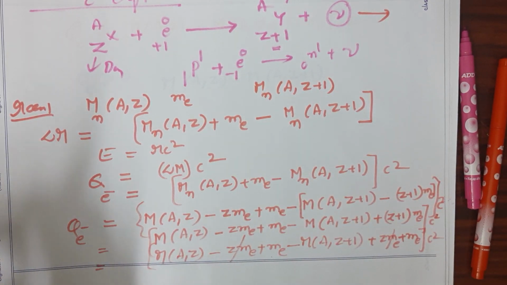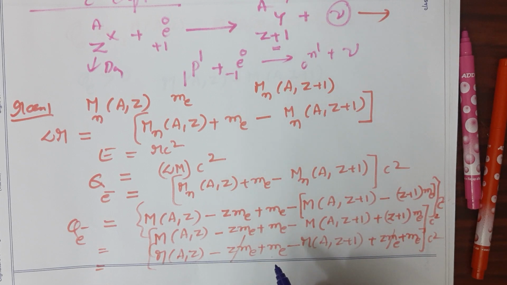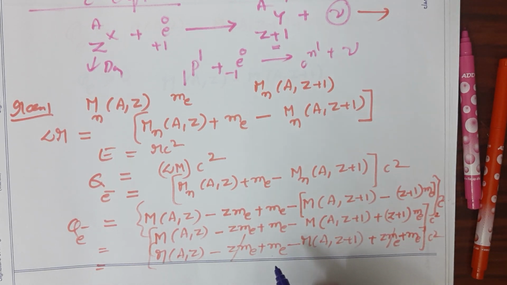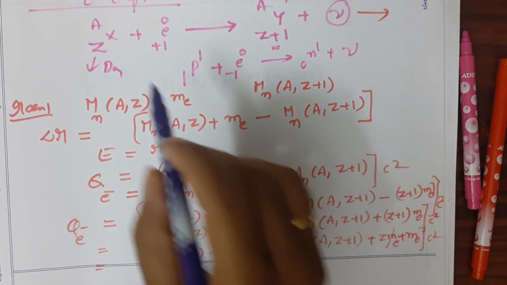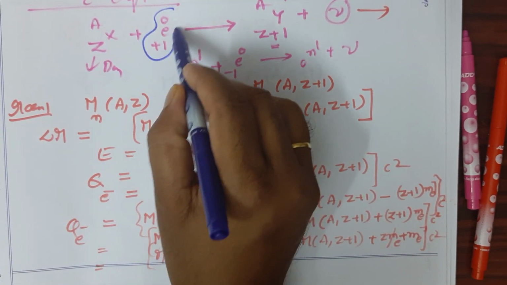So what I am saying is, here are 3 points I want to tell you. Beta decay process is of 3 types: beta minus decay, beta plus decay, electron capture. In the electron capture, there is something we missed. The binding energy of the electron should be subtracted, because this is a K shell electron.